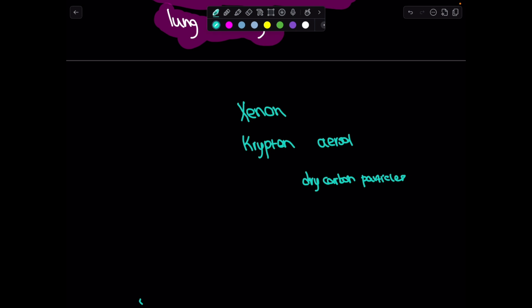For xenon, images might be snapped during a single breath or over a few seconds as it washes in and out, showing ventilation patterns. I'm just a bit confused regarding this because I would have thought that if we take a long time, the particle will go further or something.